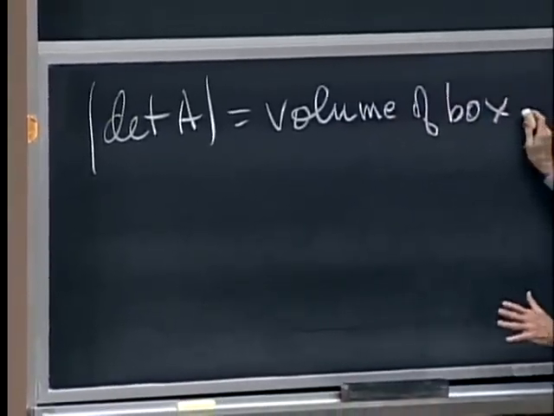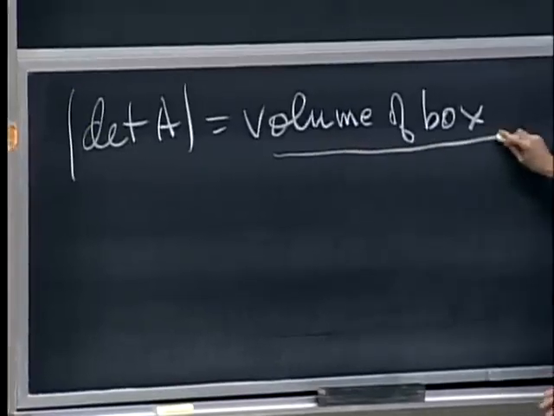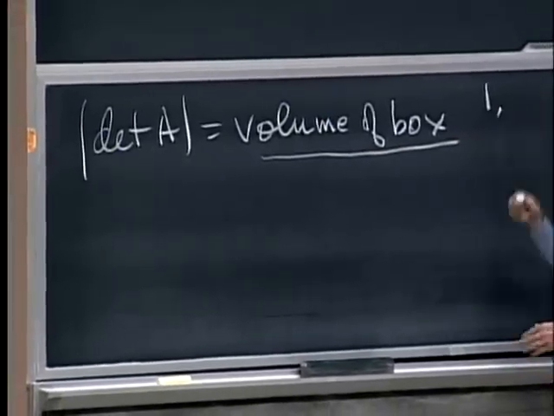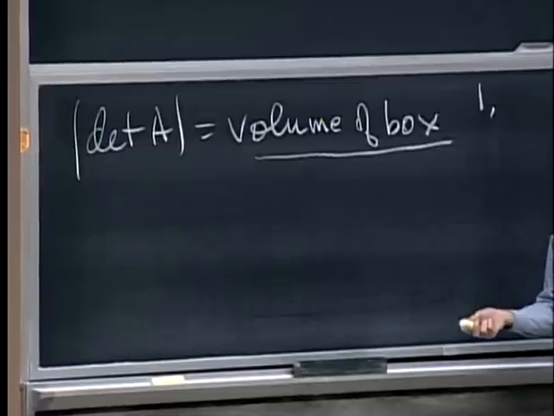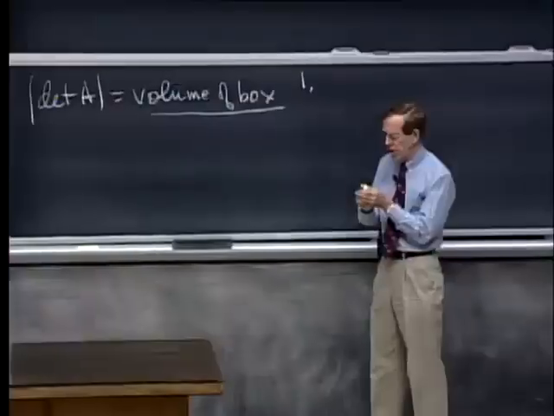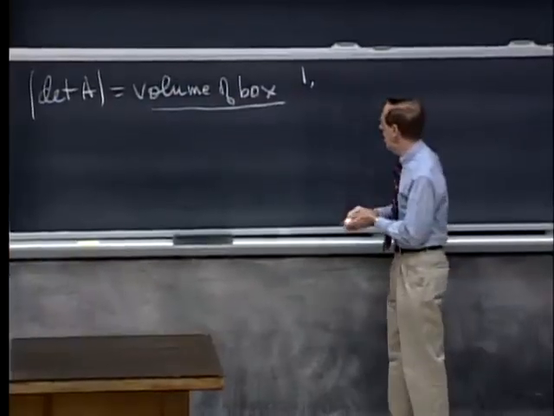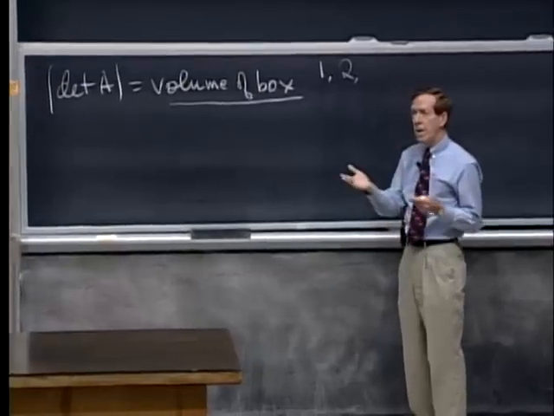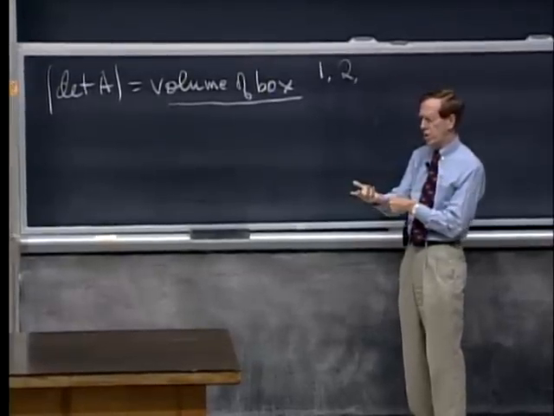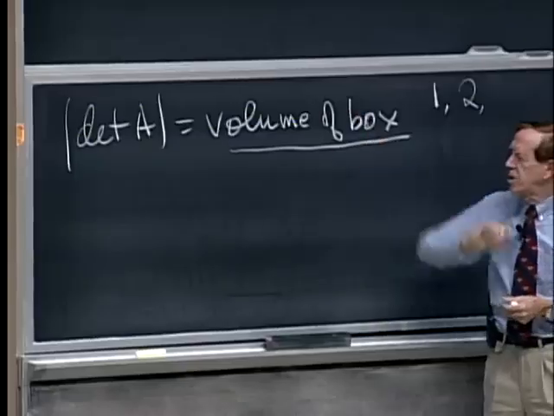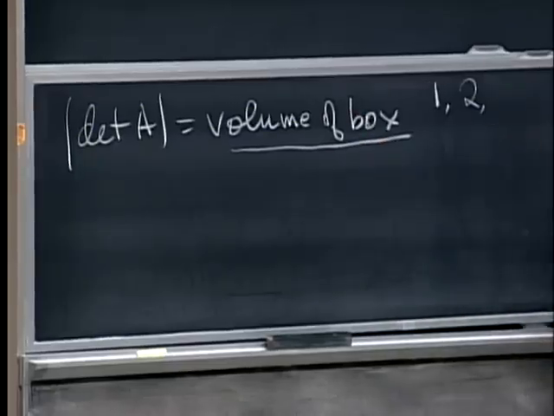And where am I right now? This volume has property 1, no problem. If the box is the unit cube, its volume is 1. Property 2 was if I reverse two rows, but that doesn't change the box, and it doesn't change the absolute value, so no problem there.